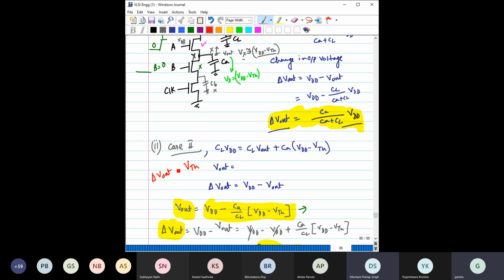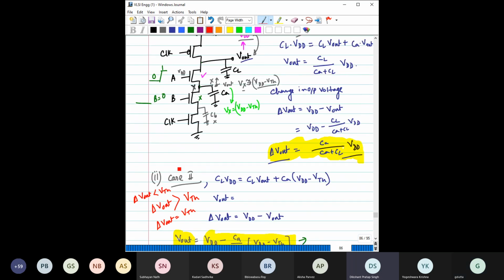How is it related? Is delta V out greater than VTH, equal to VTH, or less than VTH for case 2? Can you just think for a minute and then answer this question?